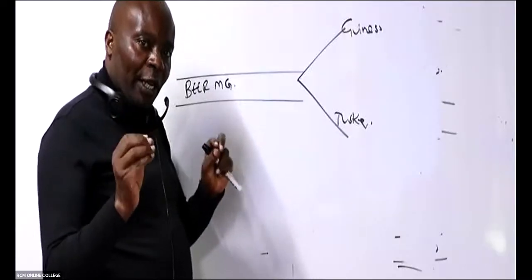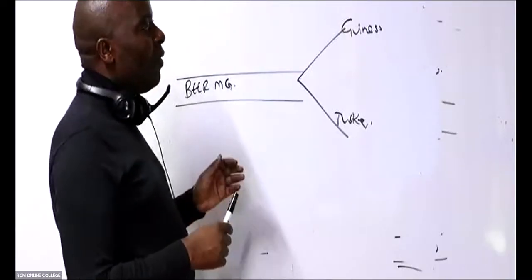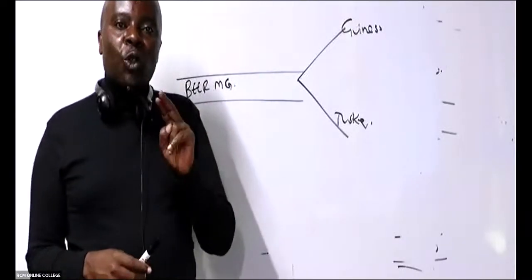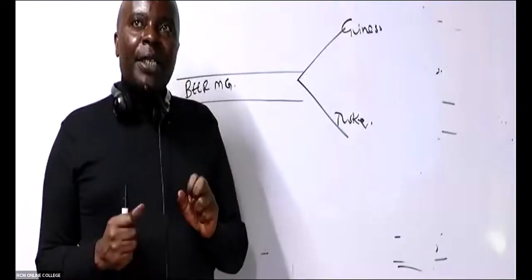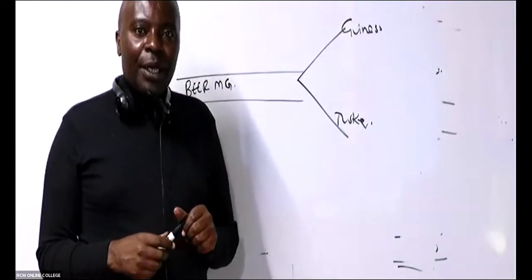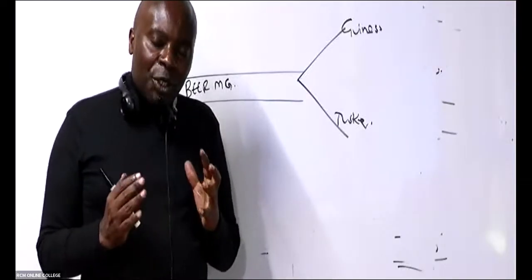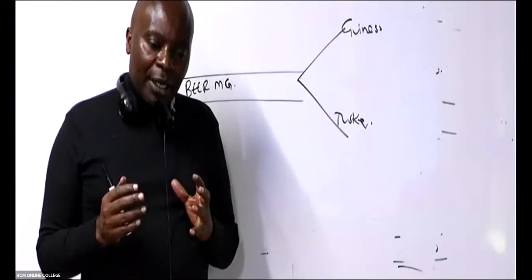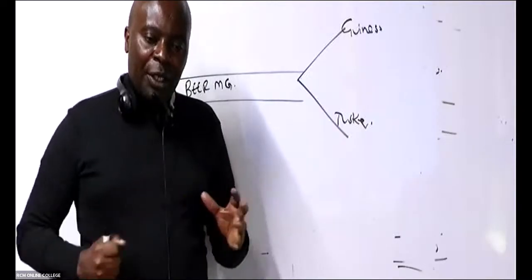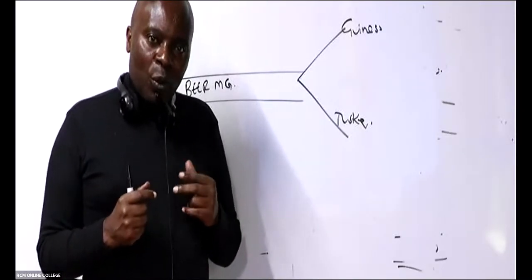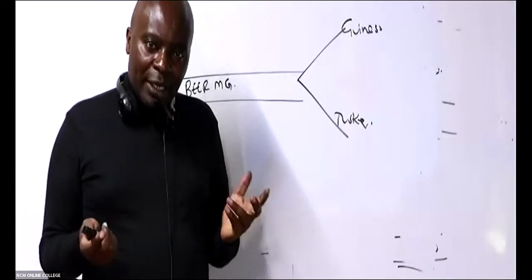But ladies and gentlemen, if, for example, a particular process leads to production of, say, 2 products, in this case you're producing chairs. You're a carpenter. So in the process of producing these chairs, you end up coming up with 2 products. One product will be the chairs you were supposed to produce.